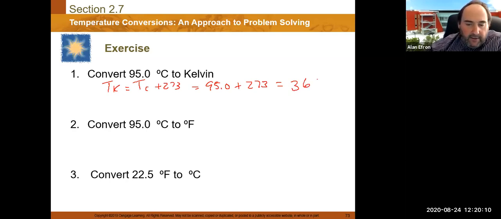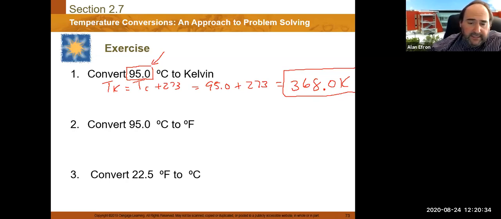368 on your answer. Again, though, when we look at it, our original number here did go to 1 decimal place. So although on your calculator, you may just get 368 if you use 273, you would want, in our case, to put a 0 there and a K for Kelvin. And again, no degree sign or anything like that on the Kelvin, so it's just K. If you did the 273.2, you would have 368.2 as your answer.